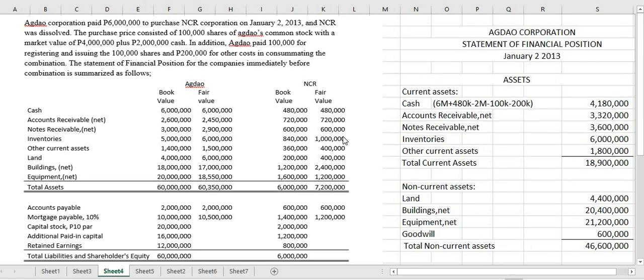Okay, so the next requirement is to prepare a statement of financial position of Agdao Corporation immediately after the combination. When you prepare the statement of financial position of Agdao at the date of acquisition, or immediately after the acquisition, you just combine the records of Agdao and NCR.